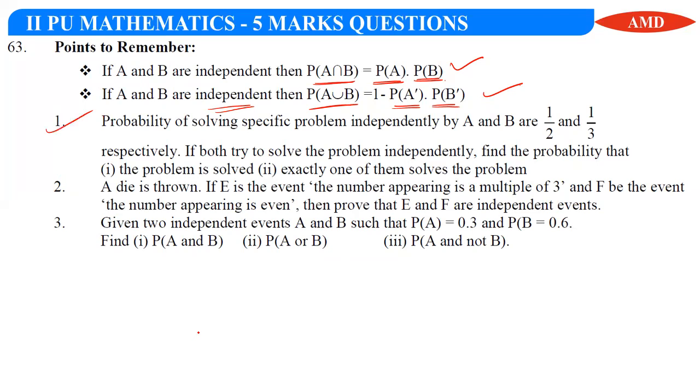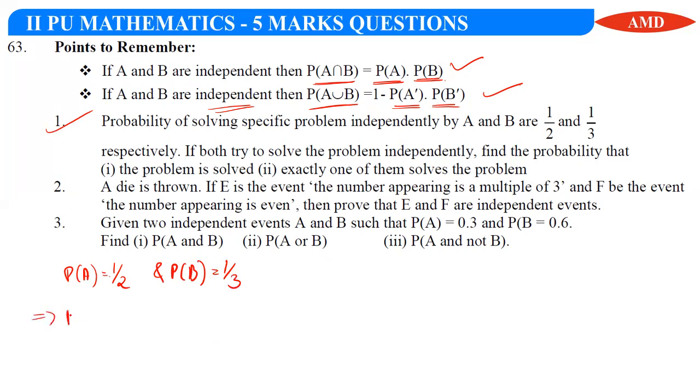Probability of solving the specific problem independently by A and B are 1 by 2 and 1 by 3 respectively. If both try to solve the problem independently, find the probability that the problem is solved. What is the meaning of problem is solved? Before that, let me write a few things here. Probability of A is equal to 1 by 2 and probability of B is equal to 1 by 3.